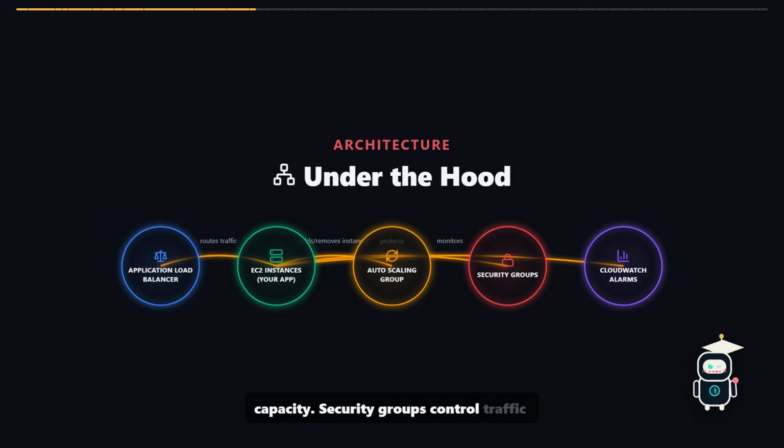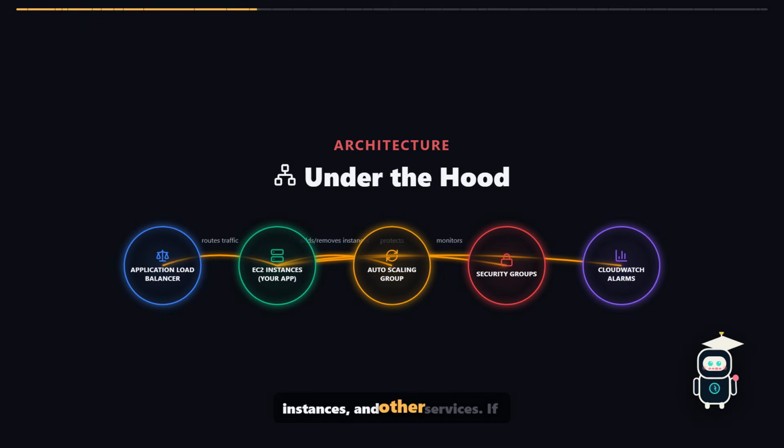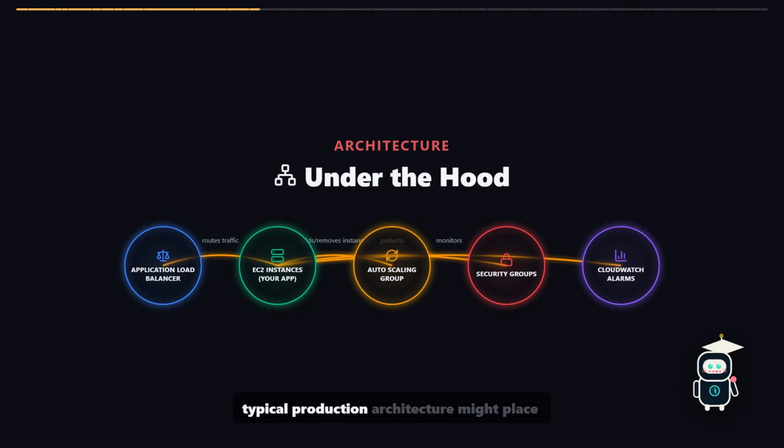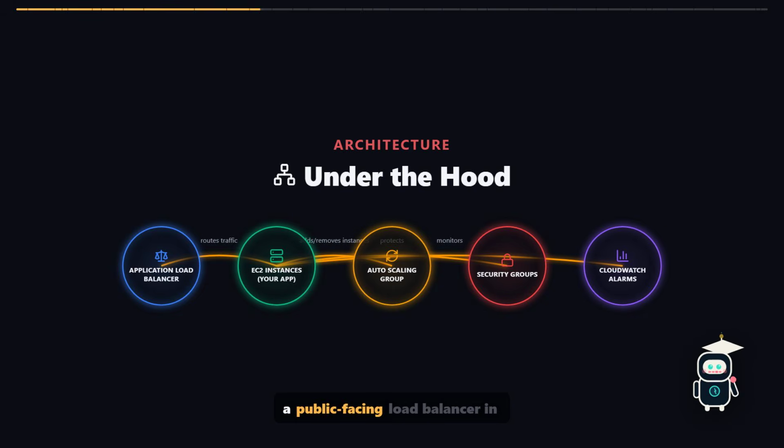Security groups control traffic between the load balancer, the instances, and other services. If you deploy this environment inside a VPC, you choose the subnets and network design. A typical production architecture might place a public-facing load balancer in public subnets and the application instances in private subnets.